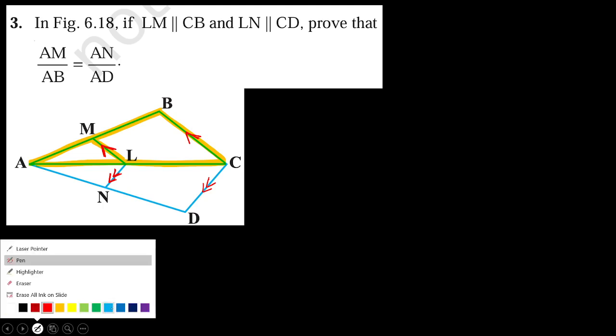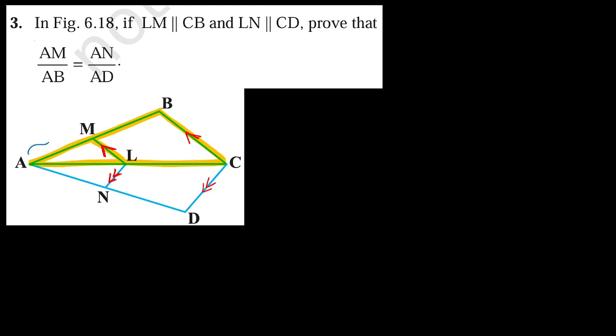So the left side ratio can be written like this. Understood? There is a line segment parallel to the side BC. In that case, the left side ratio is AM by BM or AM by AB, and since the question contains AM by AB, let me take the ratio AM by AB.